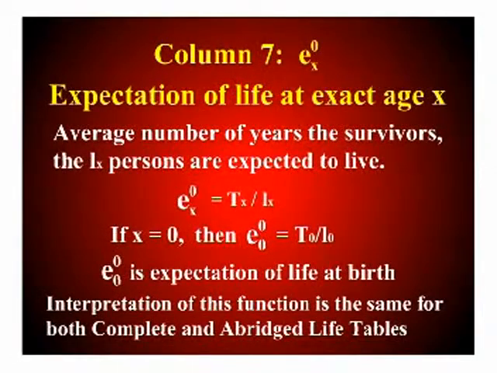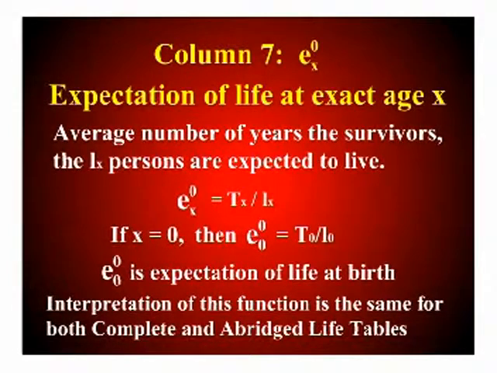In column 7, expectation of life at age x is reported. The notation is e0x. This is the average number of years to which the survivors lx are expected to live. This is given by e0x equal to Tx by lx.